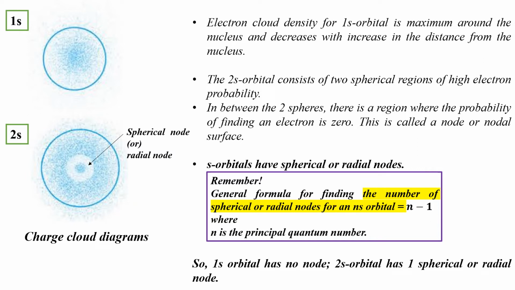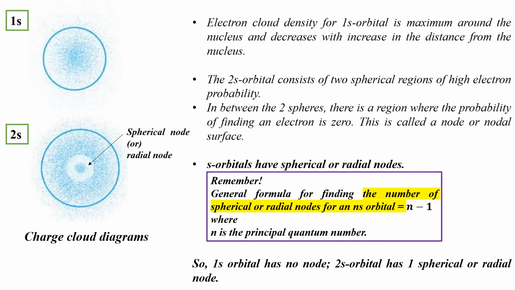Now for a 2s orbital, the 2s orbital consists of two spherical regions of high electron probability. In between the two spheres, there is a region where the probability of finding an electron is 0, and this is called a node or nodal surface. So, a node or nodal surface is nothing but a region where the probability of finding an electron is 0.